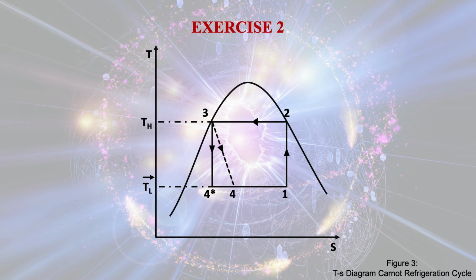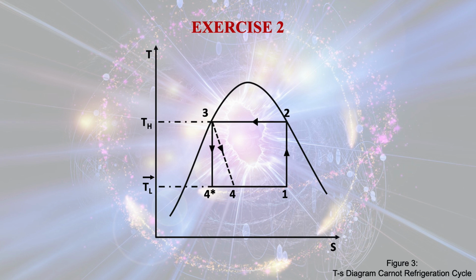And this is the diagram for the Carnot refrigeration cycle. You know very well that the maximum COP is obtained when the cycle operates on the reverse Carnot cycle, that is, the Carnot refrigeration cycle.